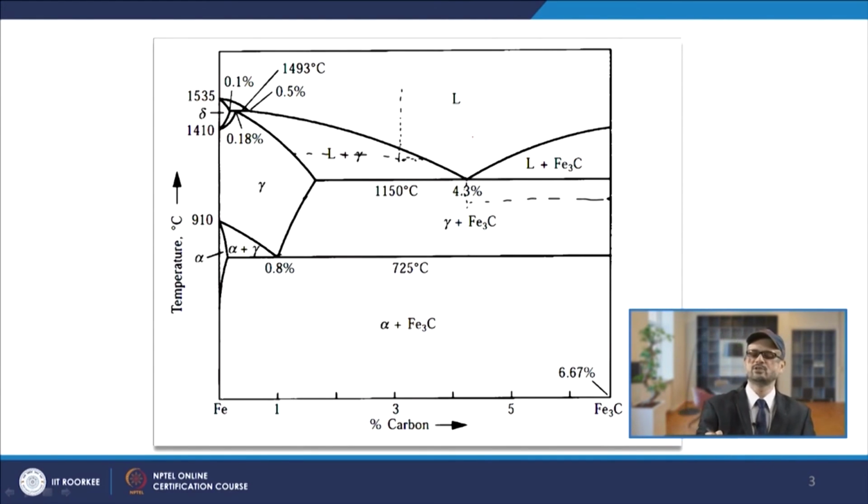If you come to this point or any point, you can use these rules to find the different phases formed. Basically, these are the lines which talk about the reactions that occur after these points.